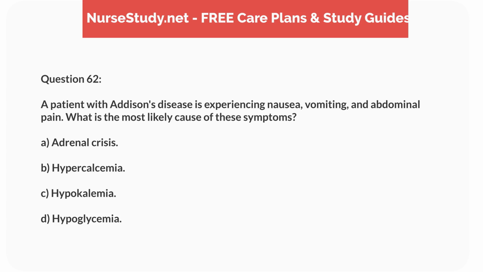Question 62. A patient with Addison's disease is experiencing nausea, vomiting, and abdominal pain. What is the most likely cause of these symptoms? A. Adrenal crisis. B. Hypercalcemia. C. Hypokalemia. D. Hypoglycemia.